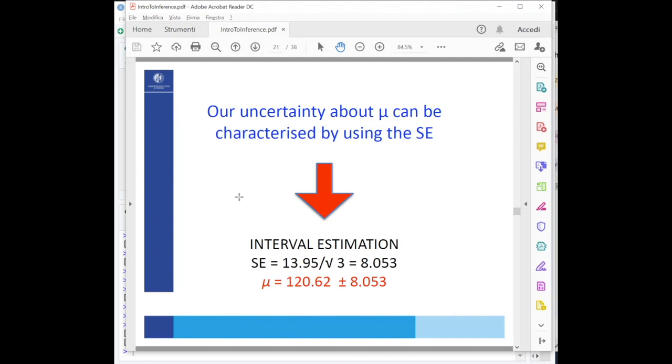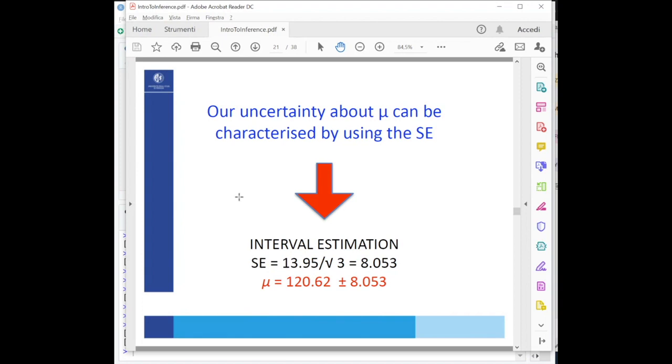If we divide by the square root of 6 or by the square root of 9, the standard error would become smaller, and our uncertainty would become smaller. That is called a confidence interval, but we will talk about this tomorrow, and we will do some exercises. Right?